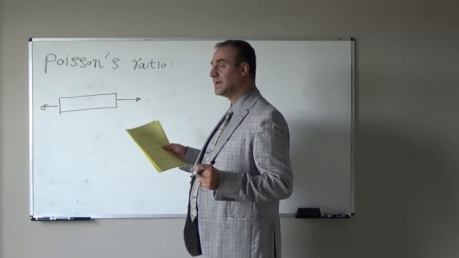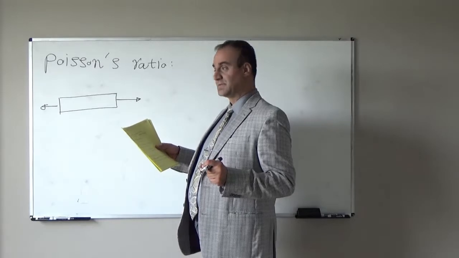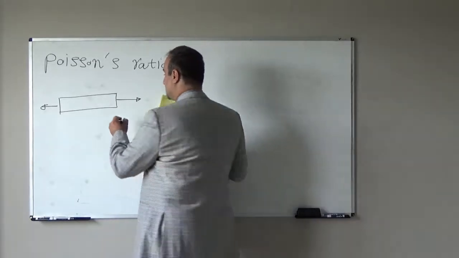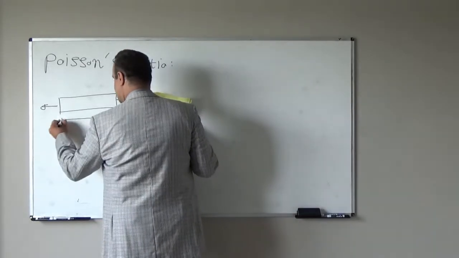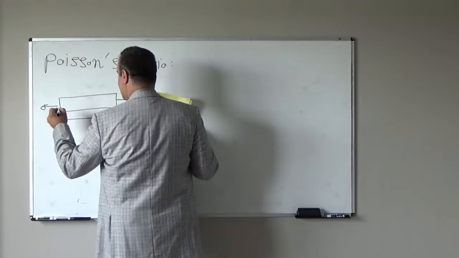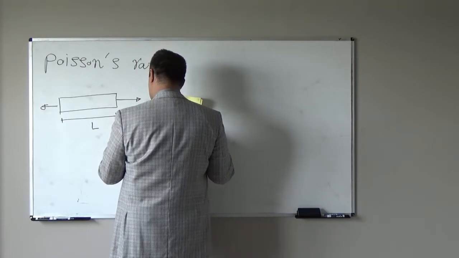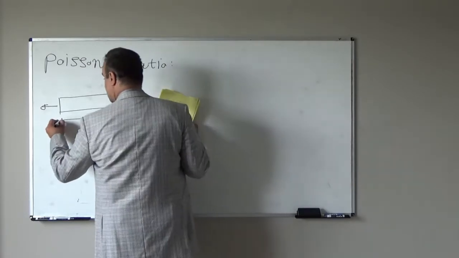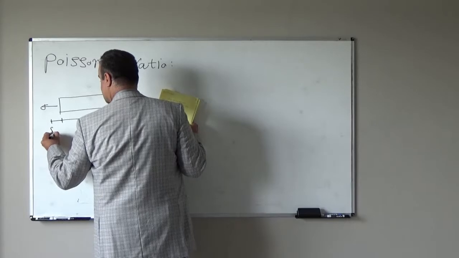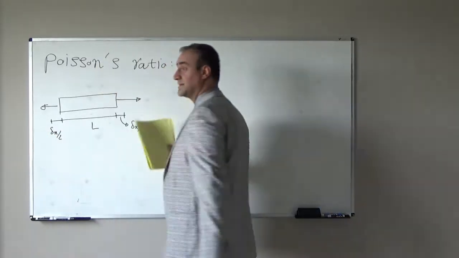So if initially the length is L, that length will increase from both sides. For example, delta x over 2 from this side and delta x over 2 from the other side.